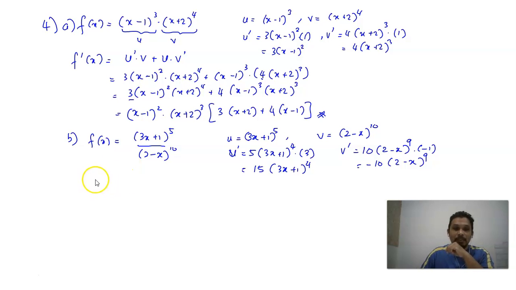Okay, now f prime x equal to u prime dot v minus u dot v prime, divided by v squared.